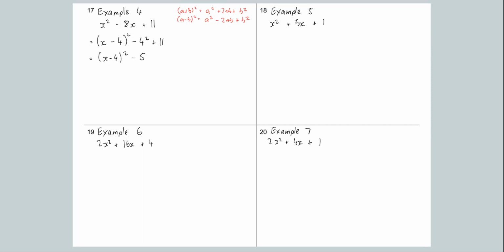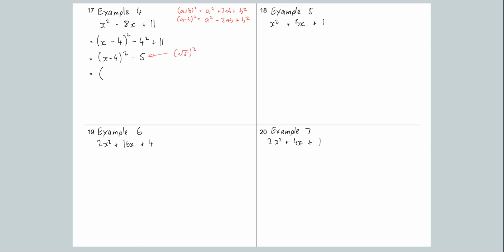It is possible to fully factorize this. It's not very useful, but sometimes you are asked to do it. But just to point out that this is the format that we will find most useful in later work. But if you did have to fully factorize it, do note that any number can be written as a square number by taking the square root of it first.